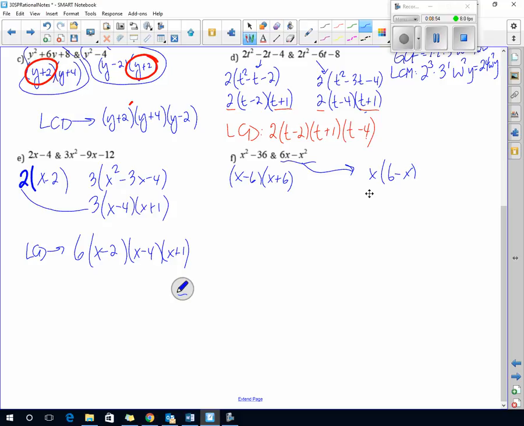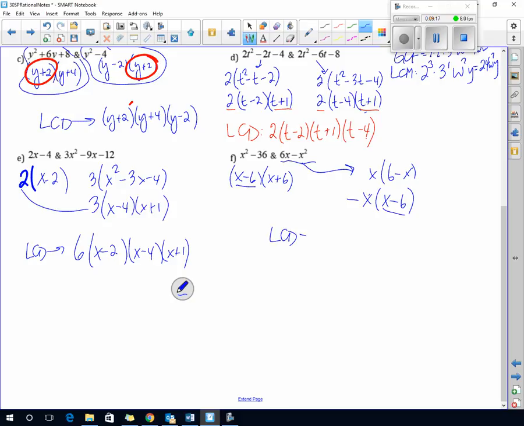Negative x times x is negative x squared. Negative x times negative 6 is positive 6x. You see I didn't change anything? So now I have a common factor of x minus 6. So what's my LCD? Negative x, x minus 6, x plus 6. Everybody good? Alrighty. Moving on, now we're going to start adding them.